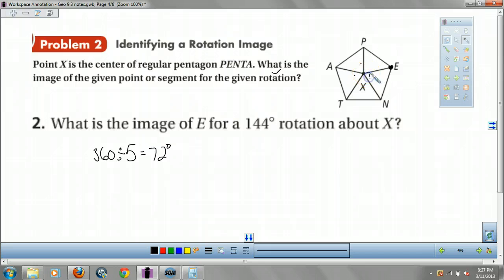So it means each one of these spaces is 72 degrees. So if we're starting at E, remember I'm going counterclockwise. So this would be 72 degrees, and this would be my 144. So A is my image. Okay?